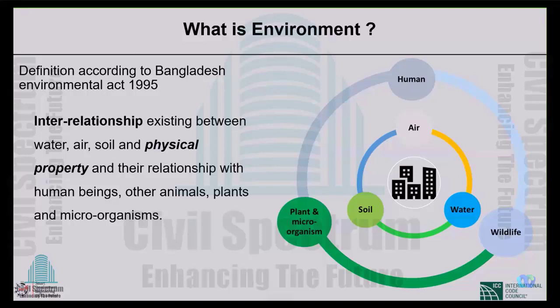Between air, water, and land, with the human, with the plants, with the animals. That relation, all our interrelations, is a part of the environment. The state of each of the environmental components, and their relationship.